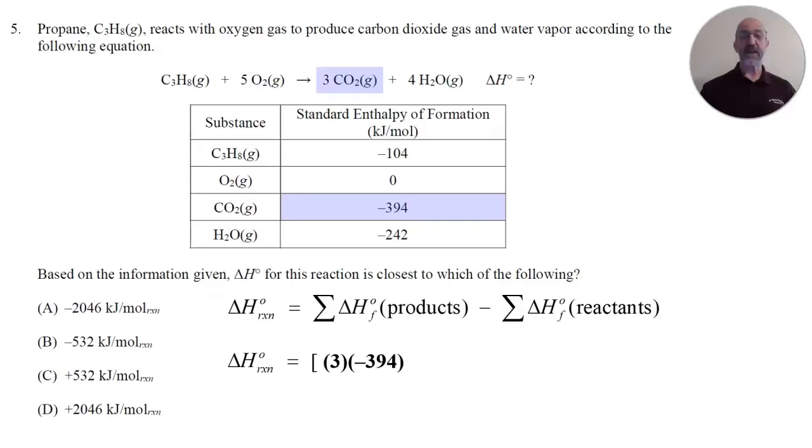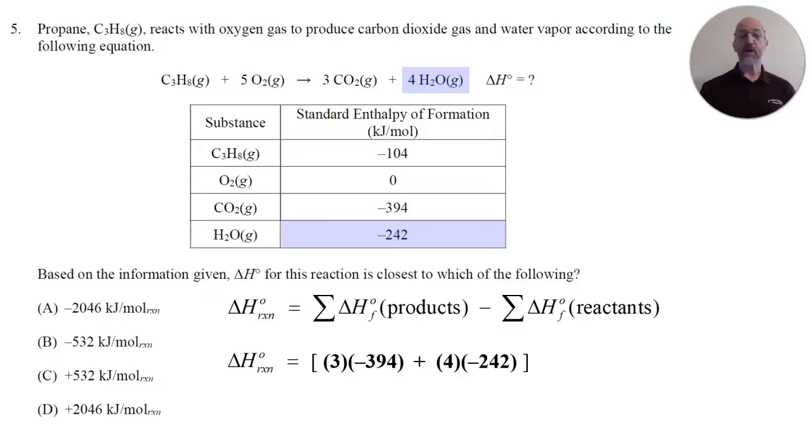The next product that I see is water, and I also see a coefficient. This is a coefficient of 4. That means that the math involved will be 4 times the number for water, which is negative 242. So 4 times negative 242. Now, when you're setting up these calculations, make sure to pay attention to positive signs and negative signs to avoid errors in arithmetic or algebra.